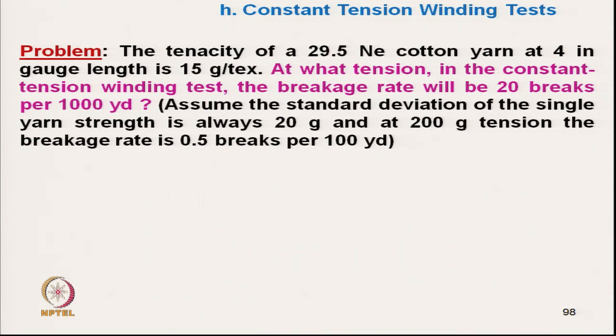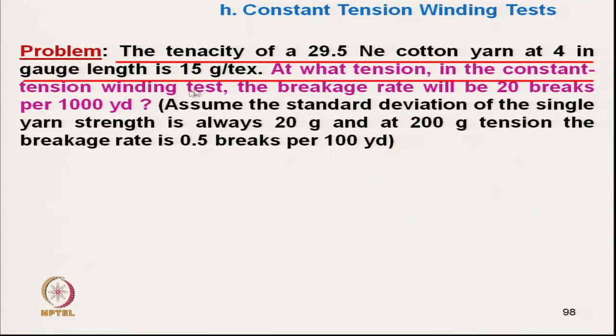Here it says the tenacity of a 29.5 Ne cotton yarn at 4 inch gauge length is 15 gram per tex.